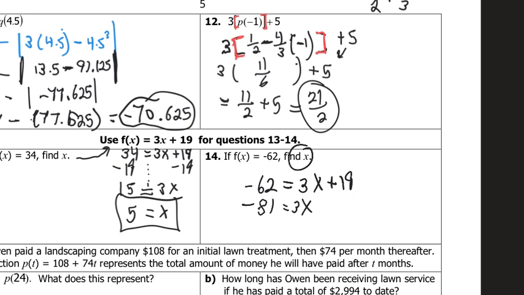Equals 3x. And I think x is going to be 27. Negative, right? Negative 27.